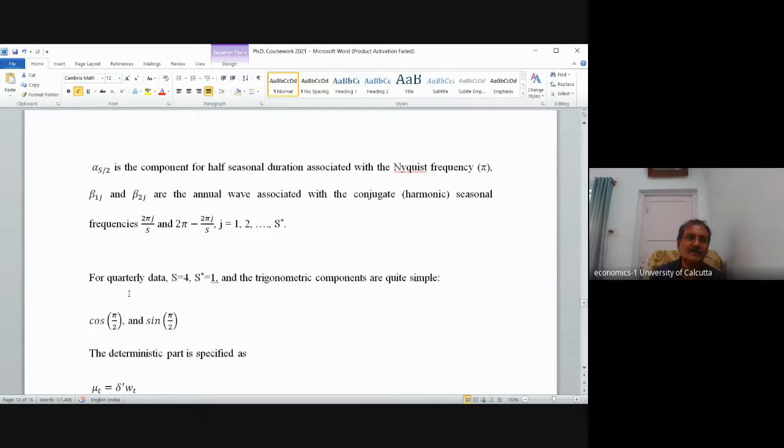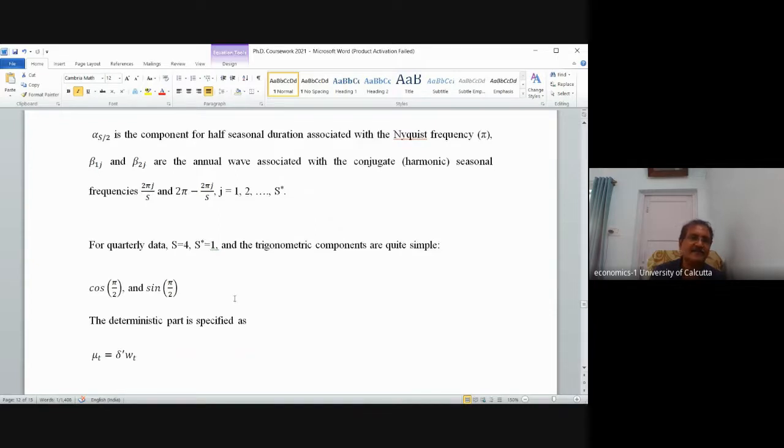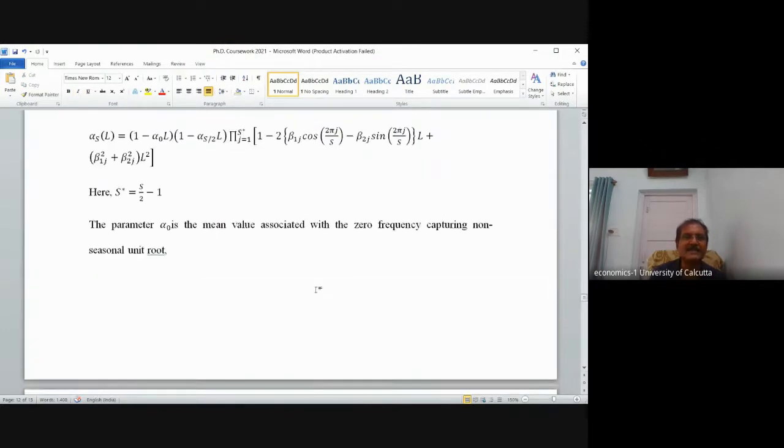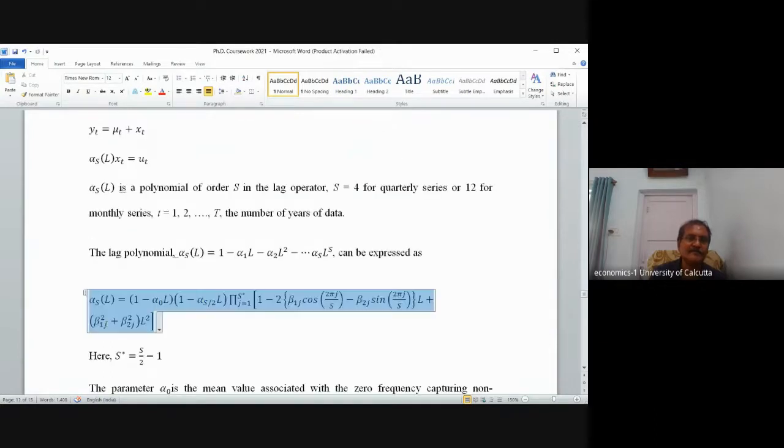So for quarterly data, s is equal to 4, s star is equal to 1, and j is equal to 1. Therefore, the trigonometric functions used in the polynomial function become cos pi by 2 and sin pi by 2. So for quarterly data, this expression looks simple, but for monthly data, it becomes complicated.